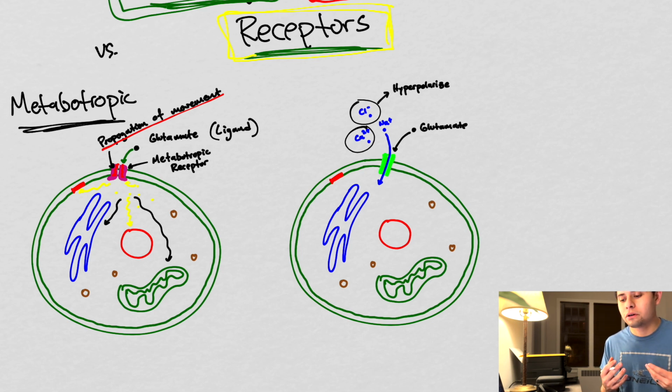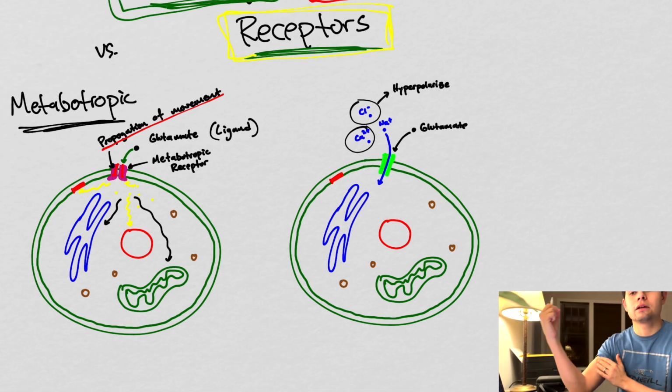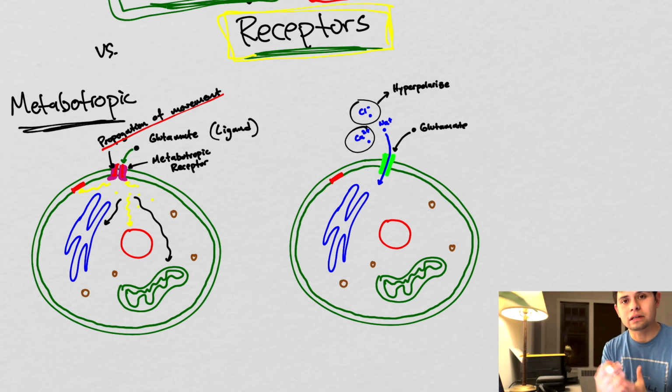When we're looking at skeletal muscle again, we want to contract our muscles, right? And in order to contract the muscle, you need calcium inside the cell to go up so that contraction can happen. So calcium enters the cell through channels, L-type calcium channels, for example.